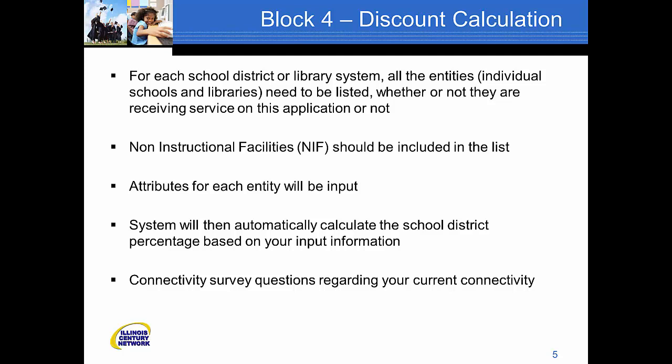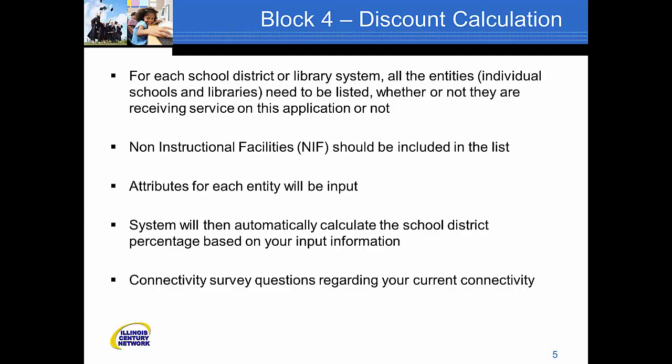For example, the state school identifier code would be input here. So a set of attributes for each school or library. Then the system will automatically calculate the school district's discount percentage based on the information you've input. And this will be your E-rate discount percentage.